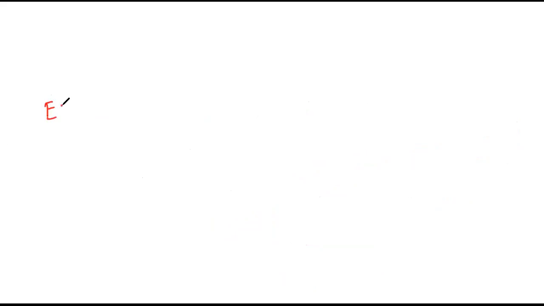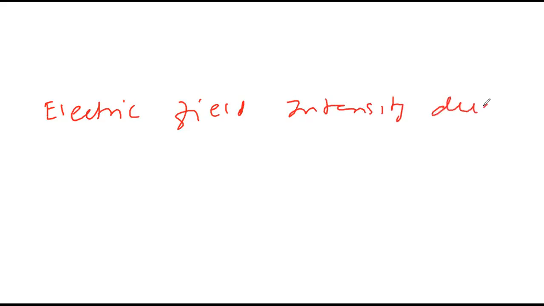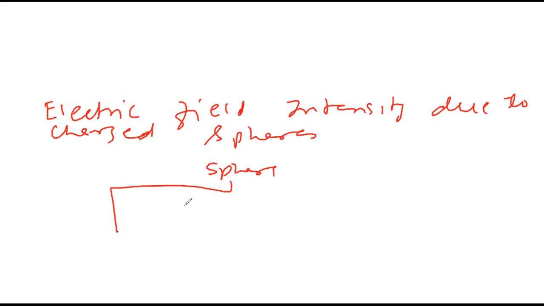Next is electric field intensity due to charged spheres. Again, when I say charged sphere, there are two categories of sphere. One is hollow. It is sometimes also called a thin shell.